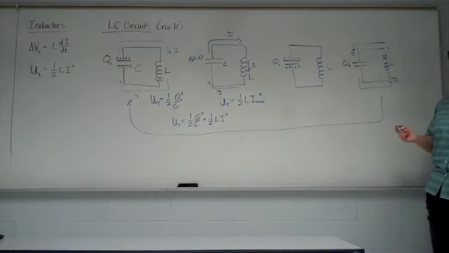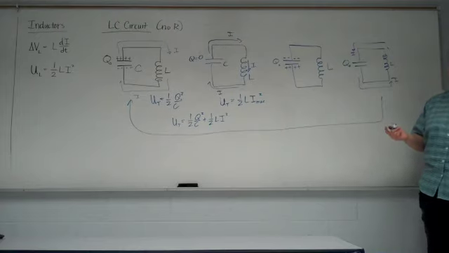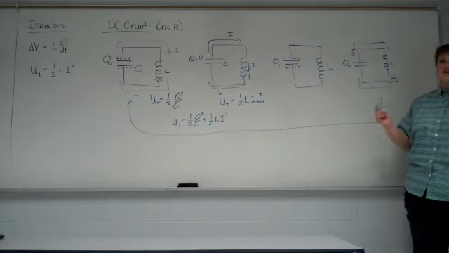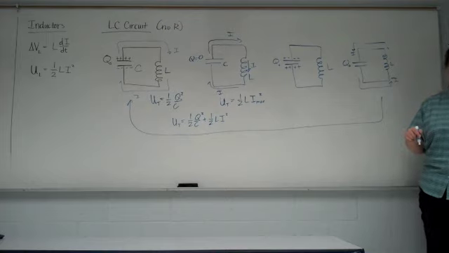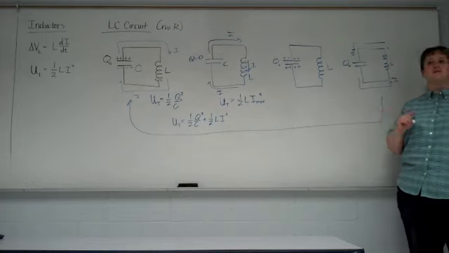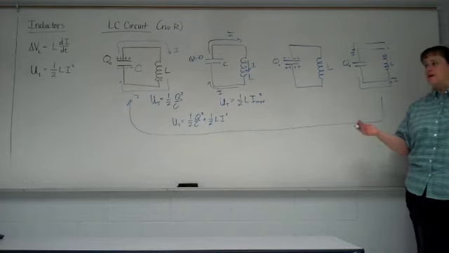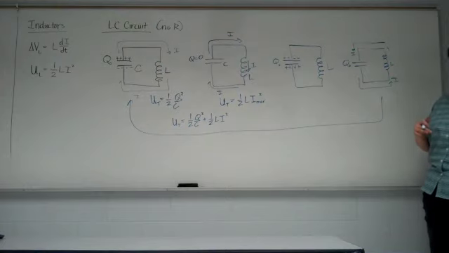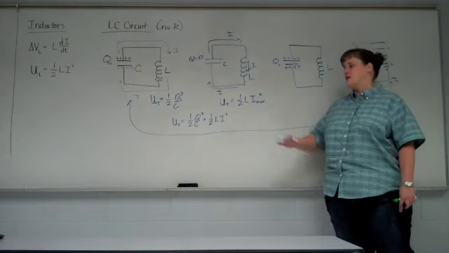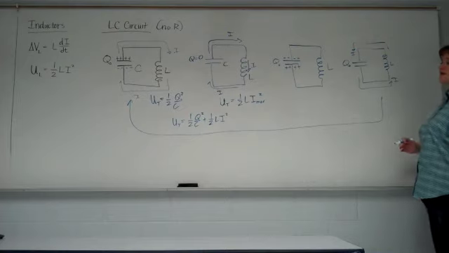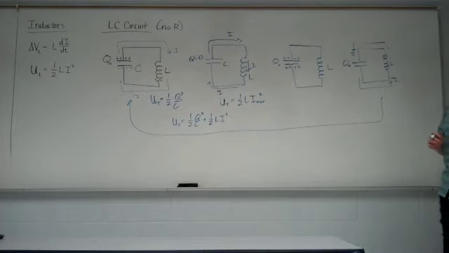If the current is maximum, then the inductor has all of the energy. If the charge is maximum, then the capacitor has all the energy. If it's something in between, if you have some charge on the capacitor and some current flowing through the circuit, they share the energy. Not necessarily equally, but they do share the energy. So conservation of energy, perfectly applicable.